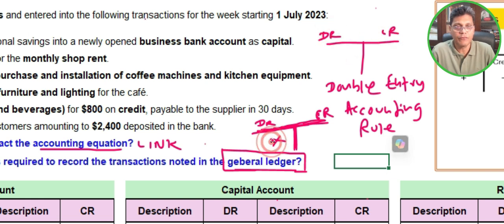For example, if you debit one account, the other account should be credited. So this is known as dual impact. Every transaction has a dual impact. Once you debit one account, the other account should be credited.